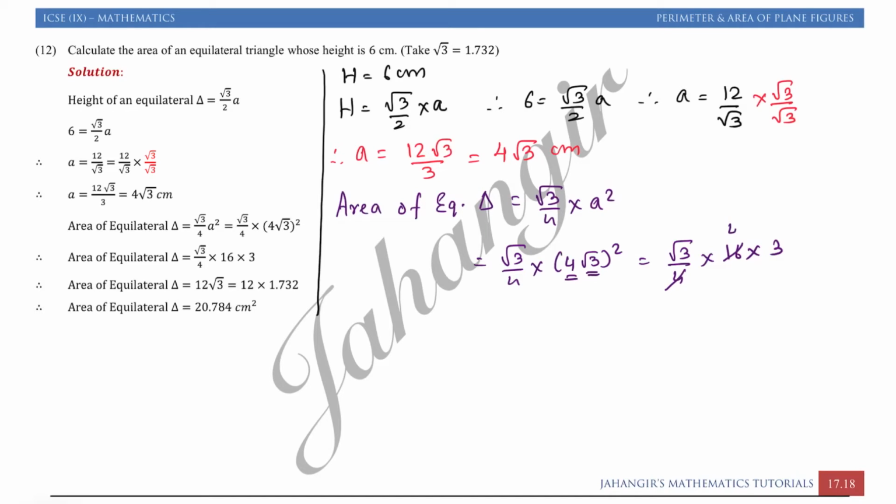Cancel out. So therefore area is equal to 4 3s are 12 root 3, that is 12 into 1.732, which is equal to 20.784 centimeter square.